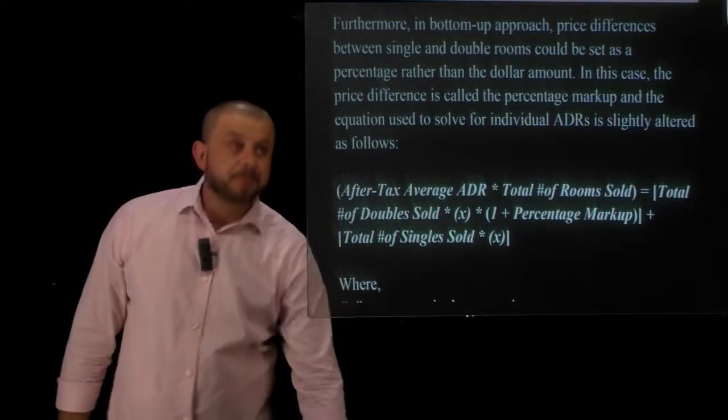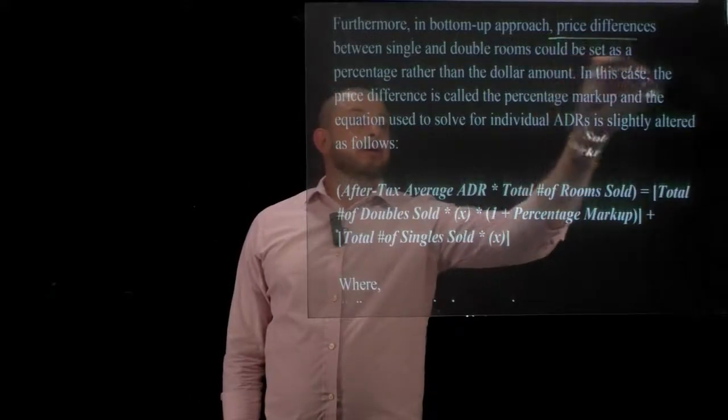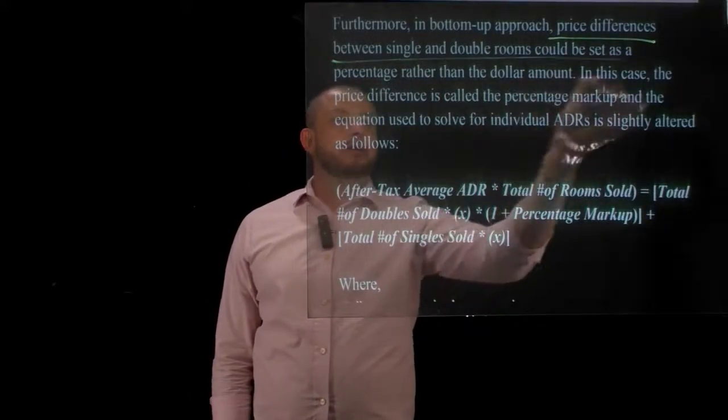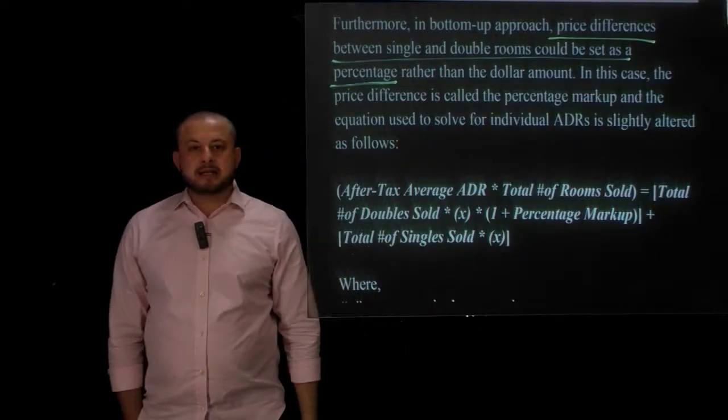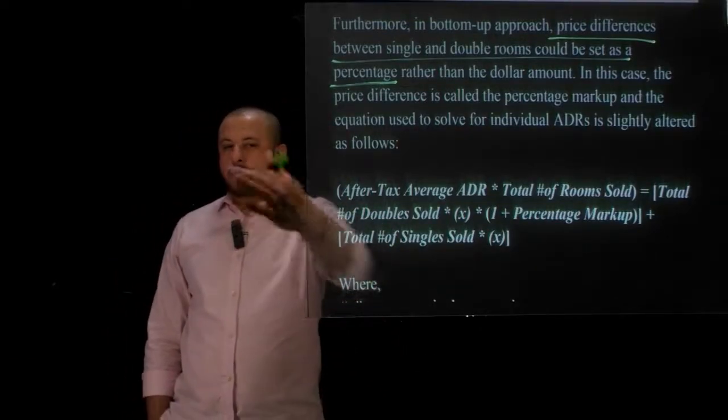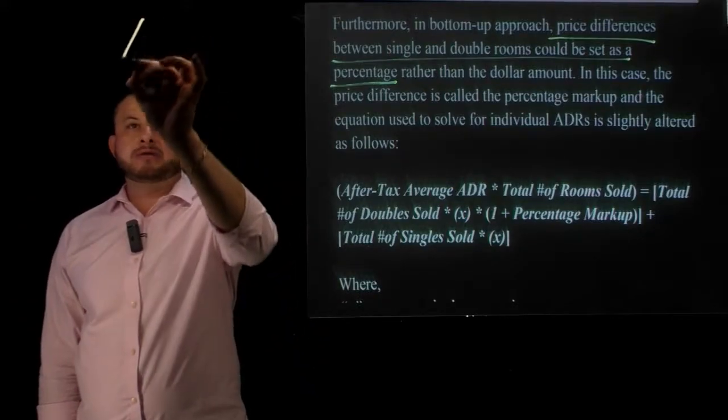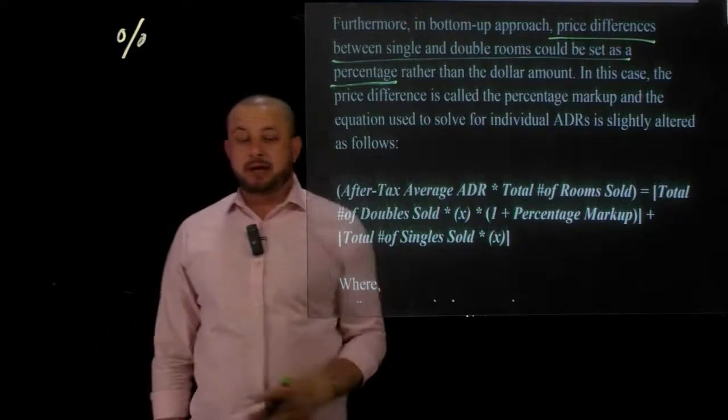What if? A price difference between singles and doubles is not based on a dollar value. Now it is based on a percentage this time. What if? What if? Okay?